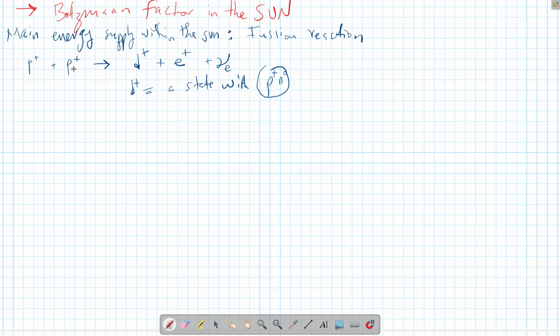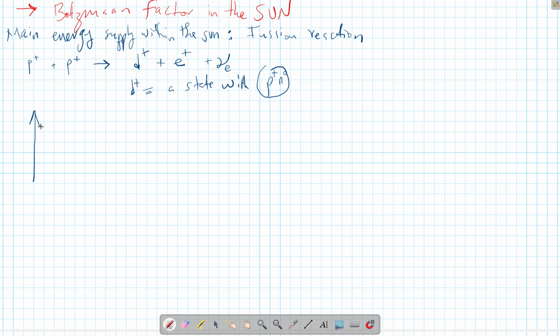So in order for this reaction to happen, there's going to be a big energy barrier, a potential which prevents these two charges from coming together and fusing to make a deuterium state.